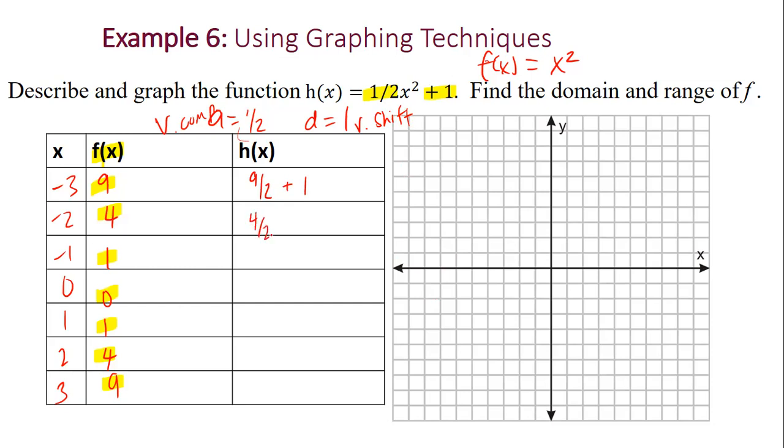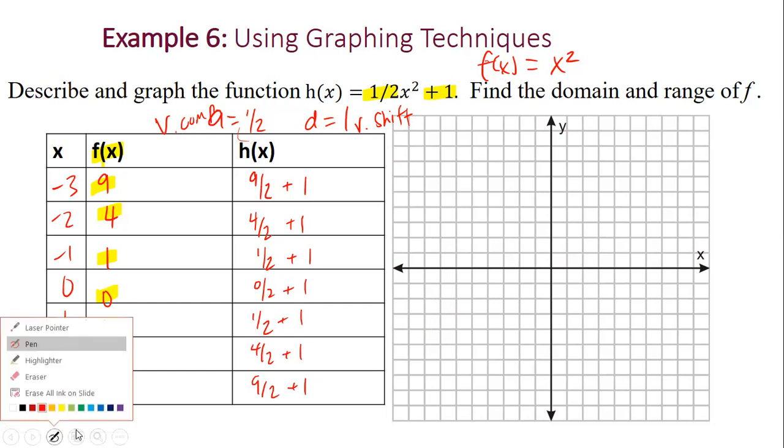4 divided by 2 plus 1. 1 divided by 2 plus 1. 0 divided by 2 plus 1. 1 divided by 2 plus 1. 4 divided by 2 plus 1. 9 divided by 2 plus 1. Probably should have done that in a different color.